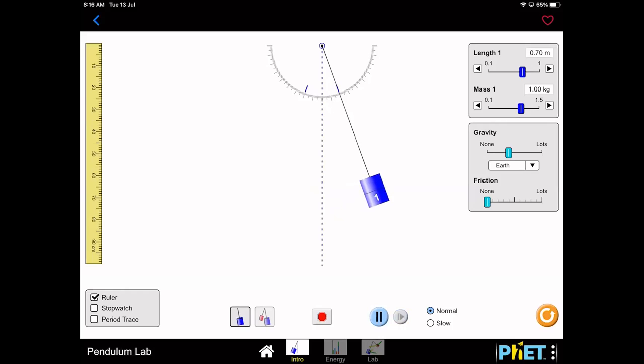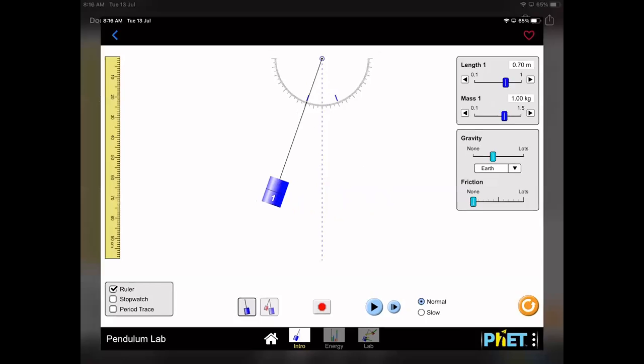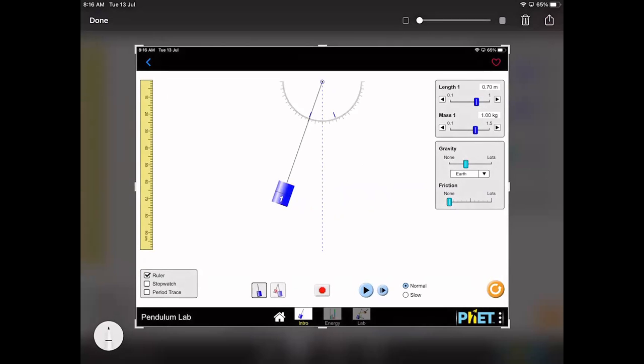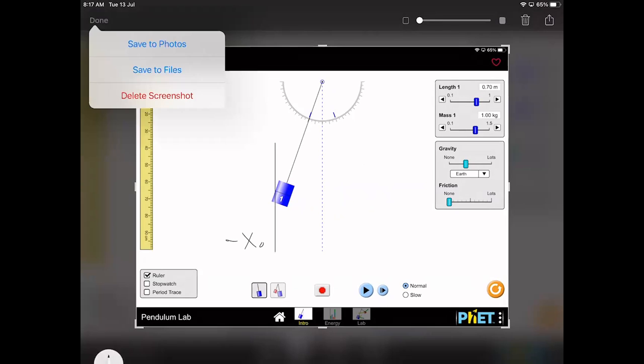We can keep playing and pause it at that direction. But would you agree with me that at this point it's equal and opposite to the amplitude in the opposite direction? Yes, sir. Yeah, so this is negative x naught. So this is the negative of the amplitude. And can you see that it's basically oscillating between those two fixed points, and it comes back to equilibrium every half a cycle?